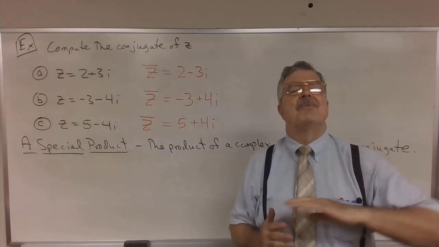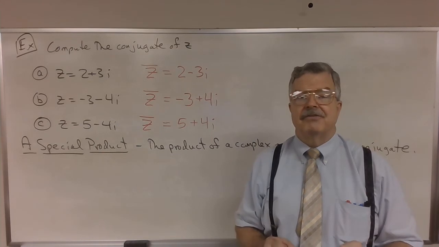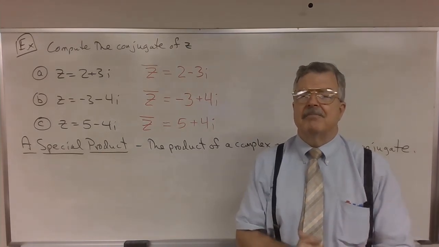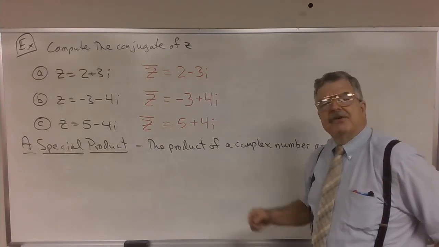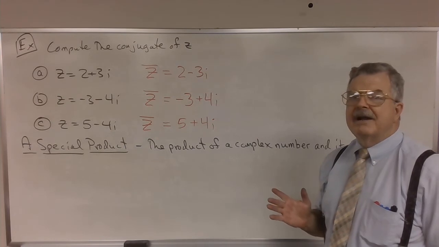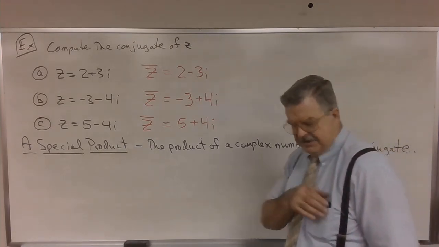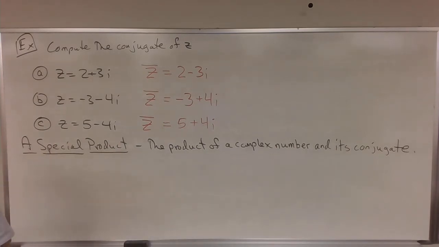So if we can get rid of that radical, we like that because it frees us up to simplify things and combine things algebraically. A similar thing is true of complex numbers, and when we multiply a complex number by its conjugate. Let's see what happens when we do that.